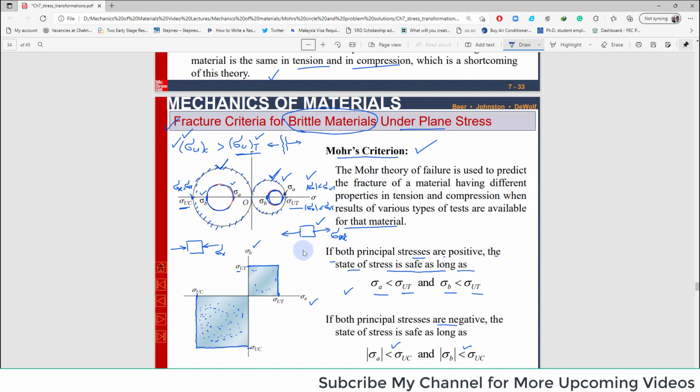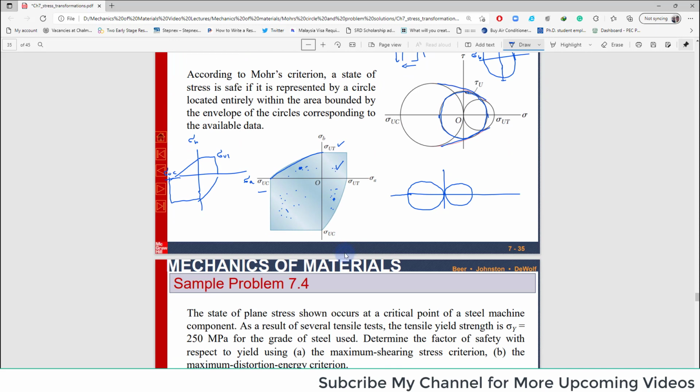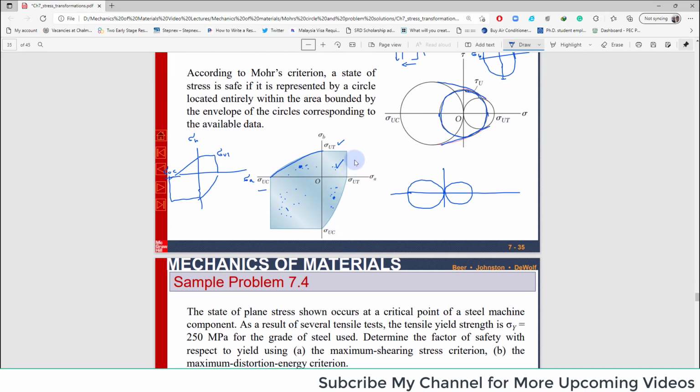We saw that the behavior of material under tensile loading is different from its strength under compression. Under compression it has higher strength as compared to tensile strength. Then we discussed this envelope, and any point that lies inside this envelope will be a safe design for the brittle material.